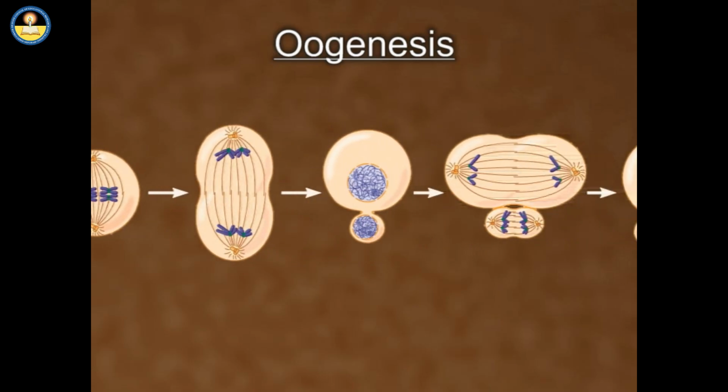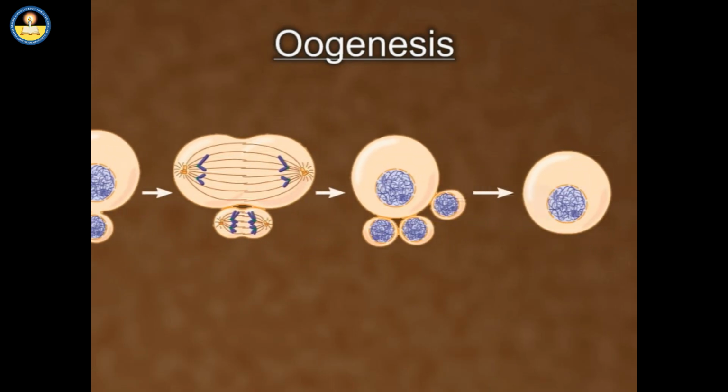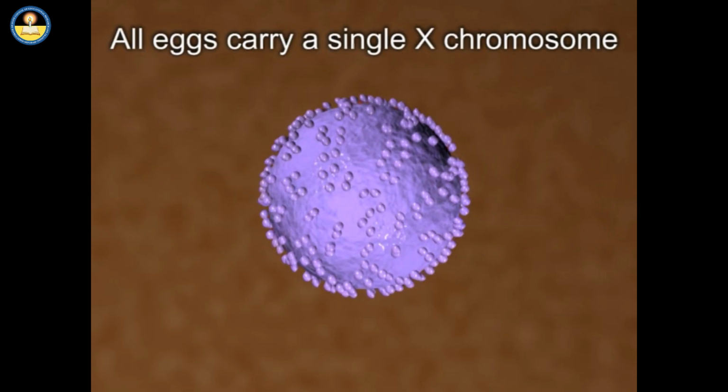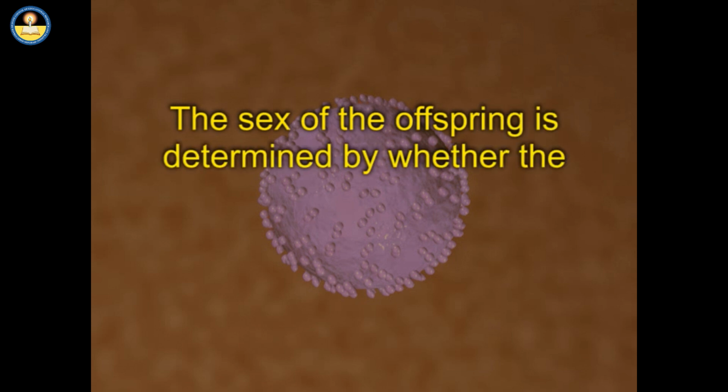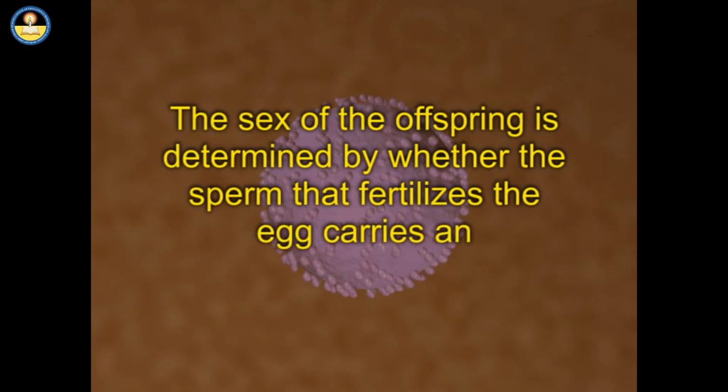The female is homogametic because all eggs carry a single X chromosome. The sex of the offspring is determined by whether the sperm that fertilizes the egg carries an X or a Y chromosome.